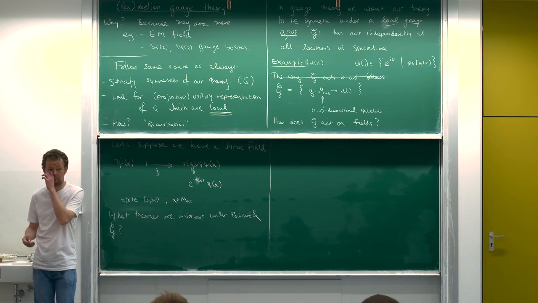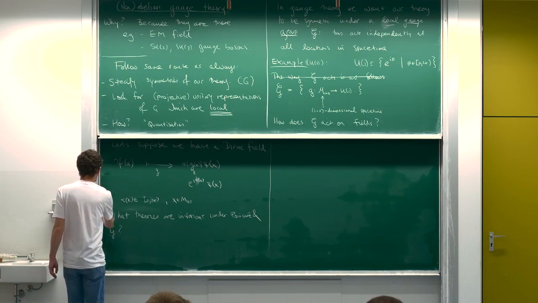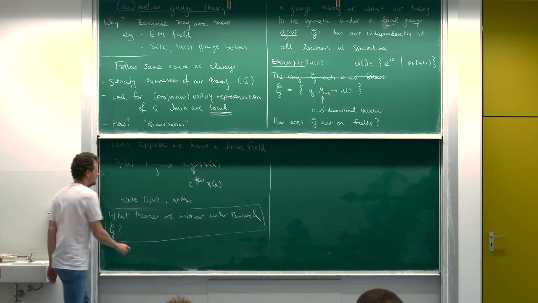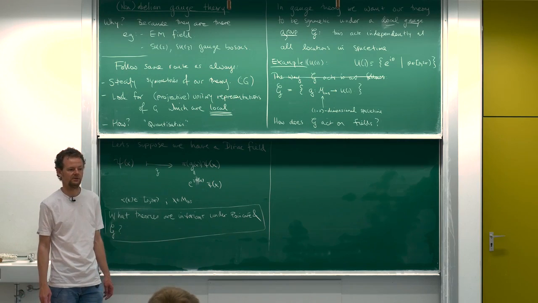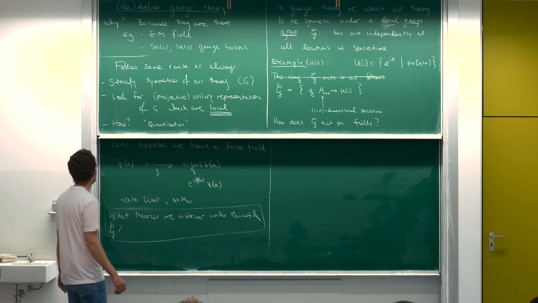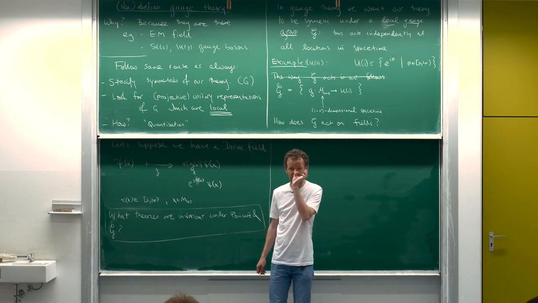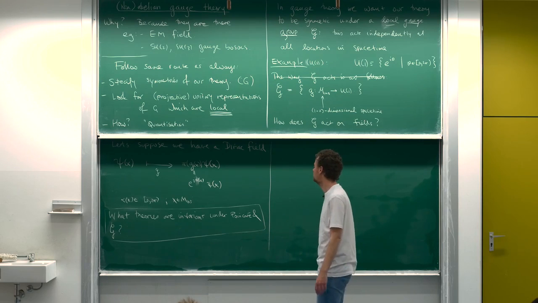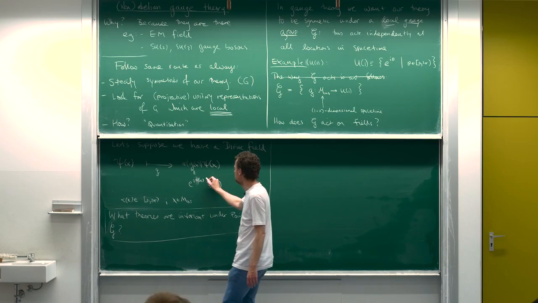All right, well, we come to the big question, right? Can we build at least classical theories that are invariant under local gauge and the Poincare group, right? We still insist on Lorentz invariance. What theories are invariant? Well, you know, we're going to have some problems. Well, maybe it's not obvious what the problems are, but we'll go into these problems in a second. But I want to stress that this is purely independent.